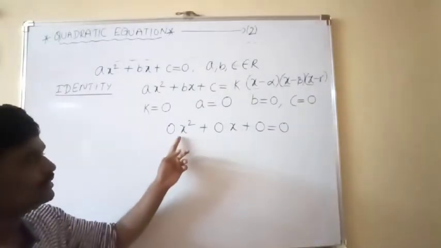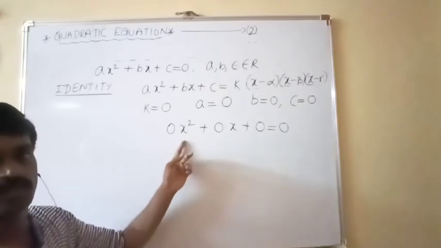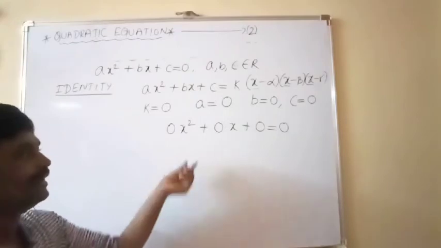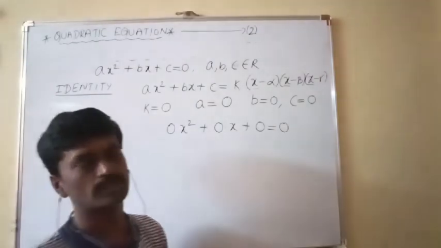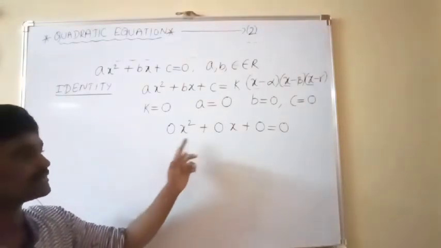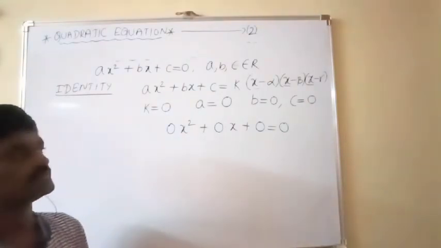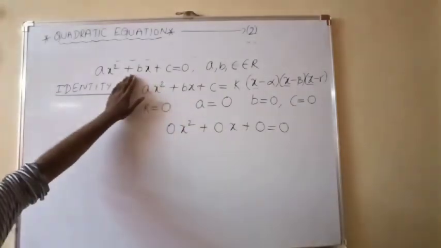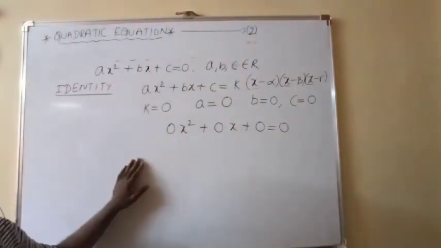So now instead of x, if I substitute any real number, the LHS value is the same as the RHS value. That means every real number x satisfies this equation. Hence this equation becomes an identity.